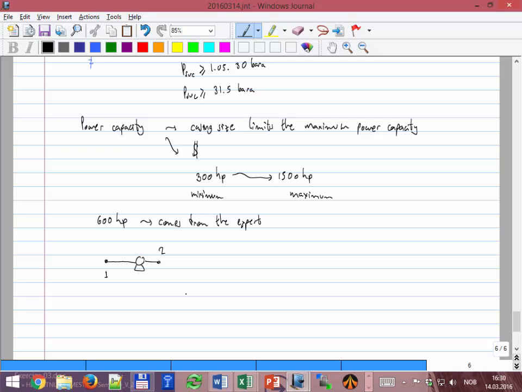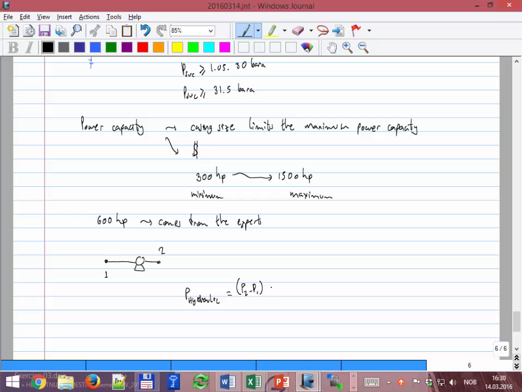The hydraulic power is equal to Q times delta P, P2 minus P1 times the rate, okay? And that tells you how much is invested only in actually increasing the pressure, okay?